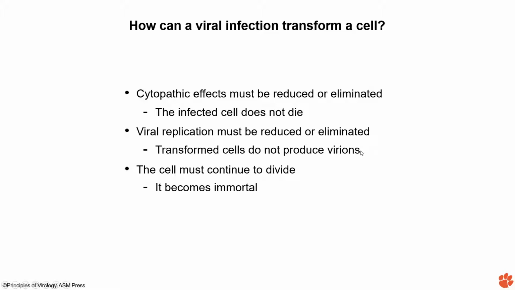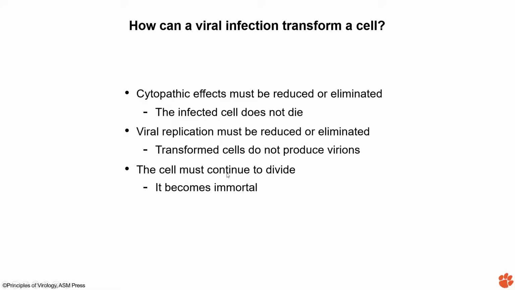Think about it: if the cell is constantly producing virions, at a certain point the immune system is going to attack and kill the cells. If the cell doesn't produce any virion, then it will escape, for a certain period of time, from immunosurveillance.